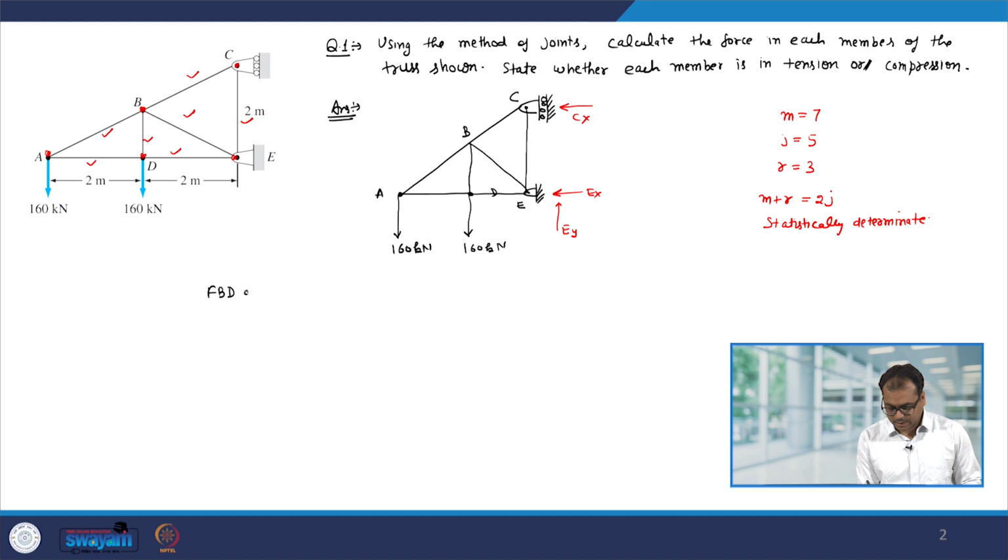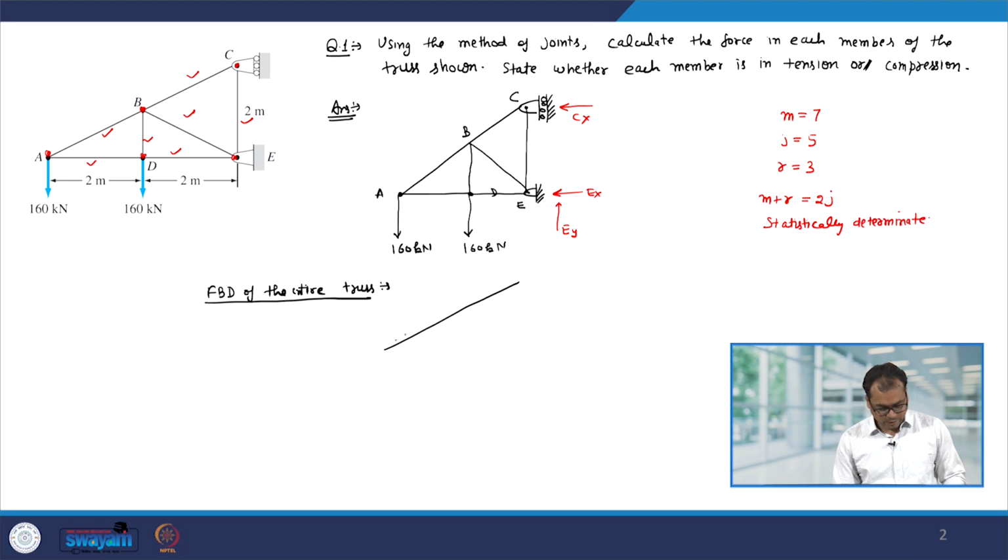Now, to analyze the truss, let us first look at the free body diagram of the entire truss. So, we have the entire truss. Internal members we will not consider because we are looking at the whole truss.